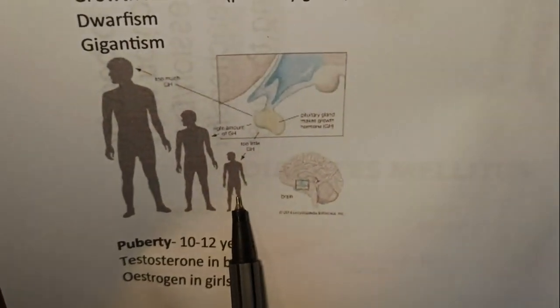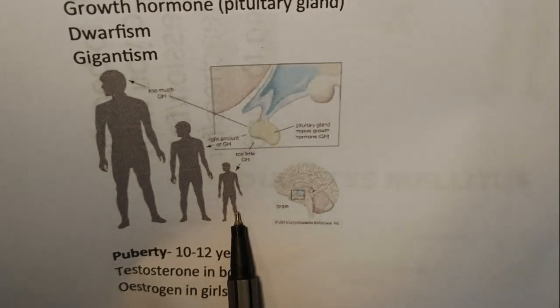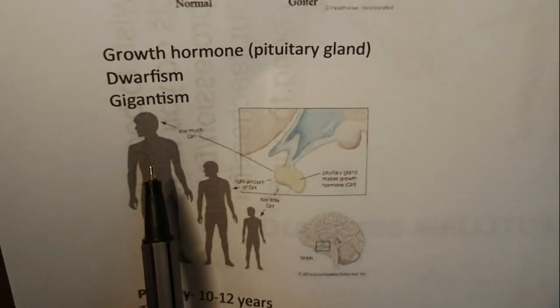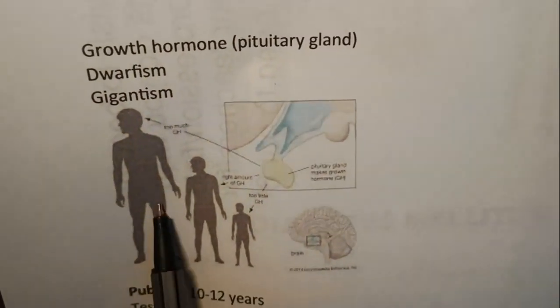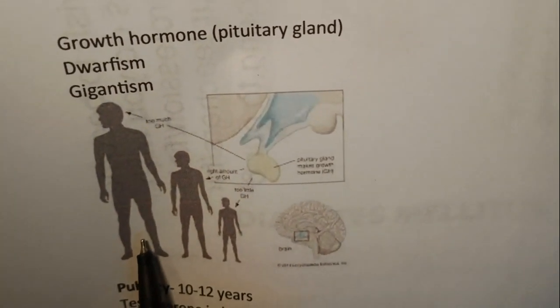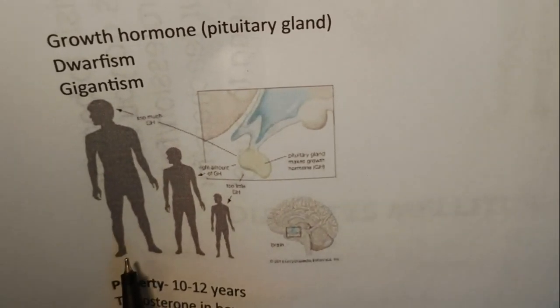So less than the normal height, less than the normal size is called dwarfism. If you have excessive growth hormone, the condition is called gigantism. So you have a very tall, abnormal person who is extremely tall and has big hands, big face, big skull, big jaw, and everything is big.